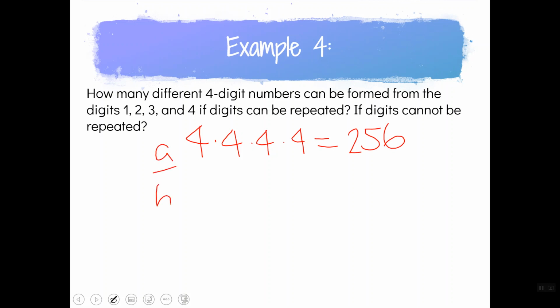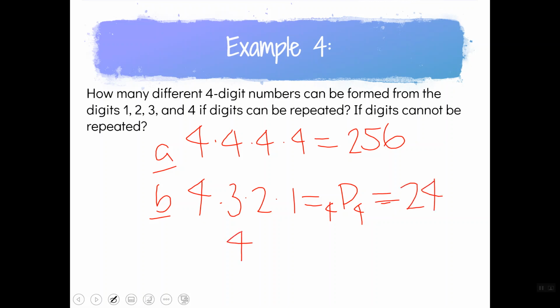If they can't be, well, we have 4 to start, but once we use a number, now we have 3, 2, and 1. Another way you could write this is 4p4. We have 4 things, and we're selecting all 4 of them, and order matters. Another way you could write this is 4 factorial from that last video. All 3 of these expressions, if you type them in the calculator, will get you the same thing.